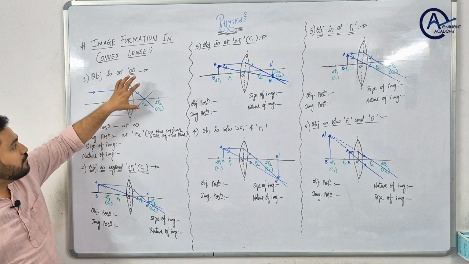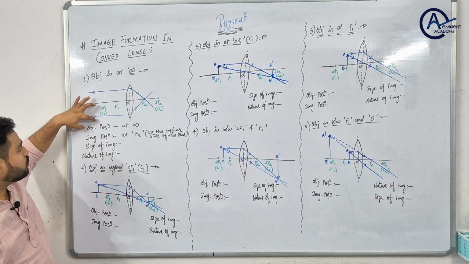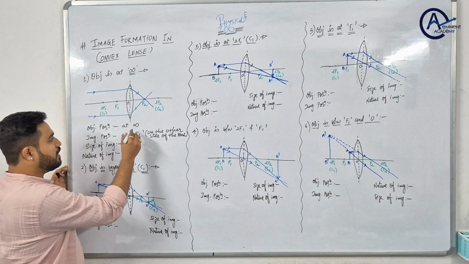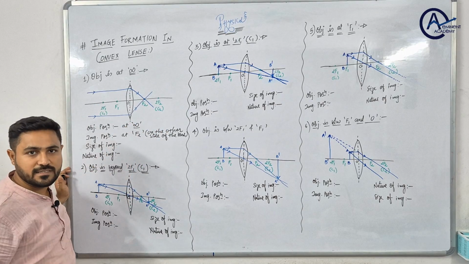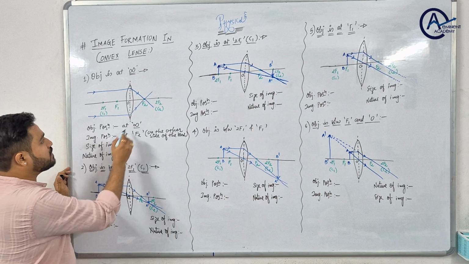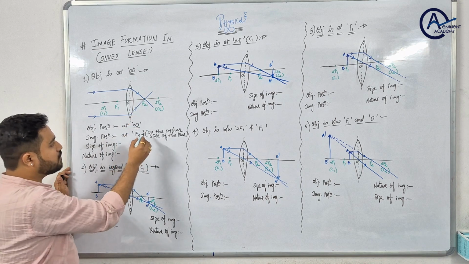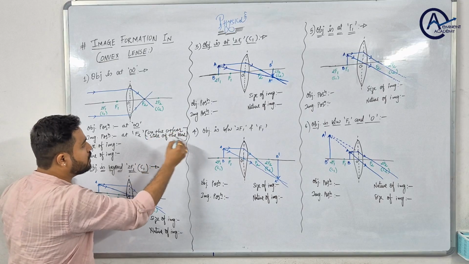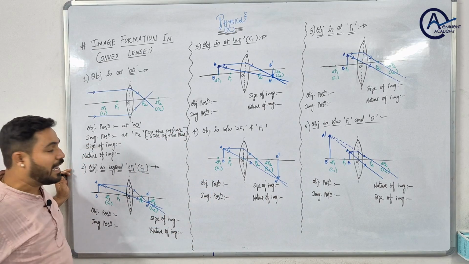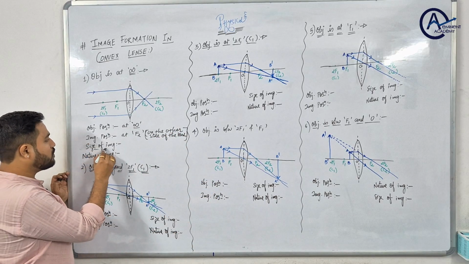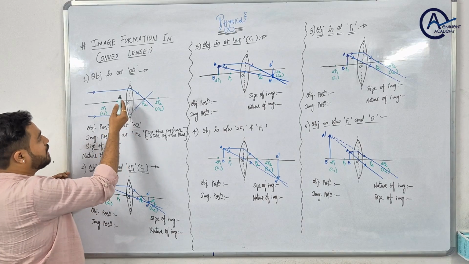So we can say that the object position is at infinity, that is, at some large distance. Image position, we are getting the image at f2, on the other side of the lens. Now what can we say about the size of the image?